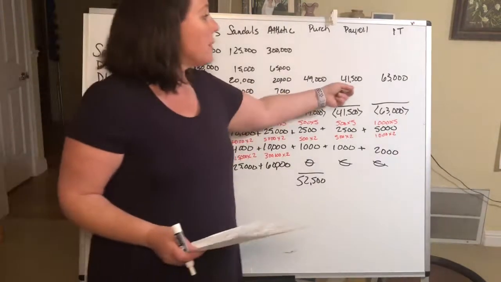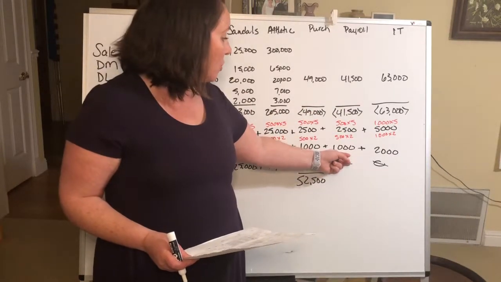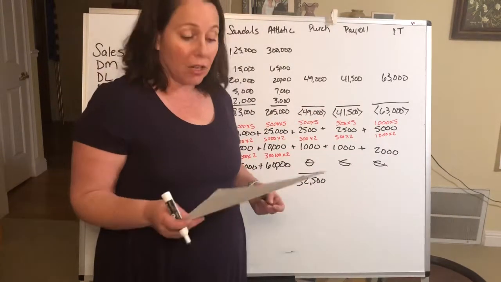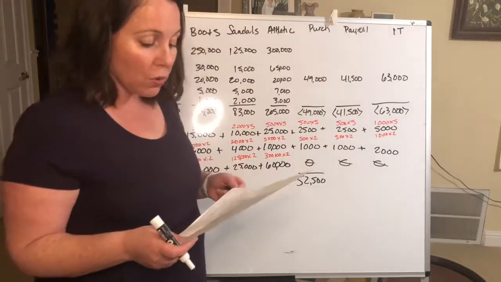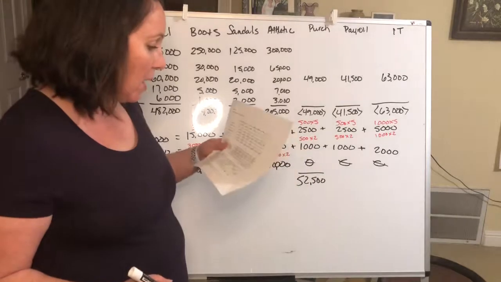Payroll had $41,500 in direct labor, and they were allocated an additional $3,500 in indirect costs. So the total amount to be allocated for payroll is going to be $45,000.